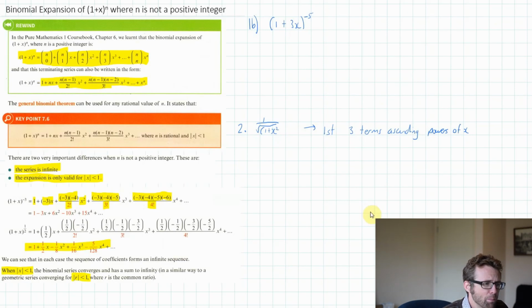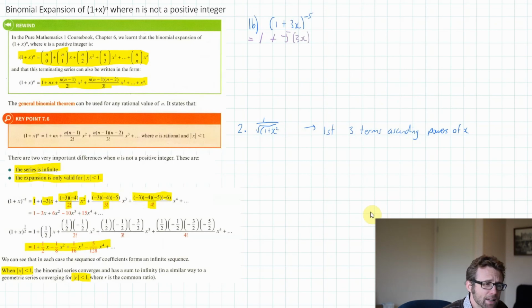So I've got 1 plus 3x all to the power of negative 5. So what I'm going to do here to expand it is my first term is going to be 1. My second term is going to be minus 5 times 3x. How many terms do I have to do for this?